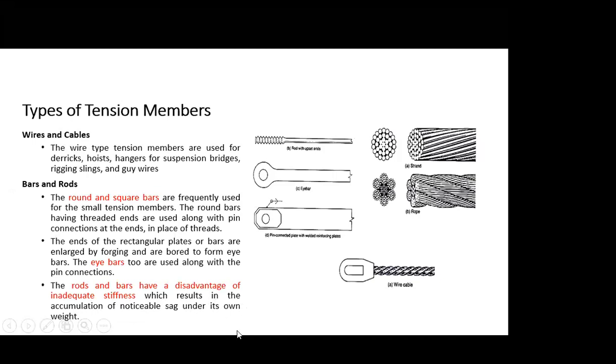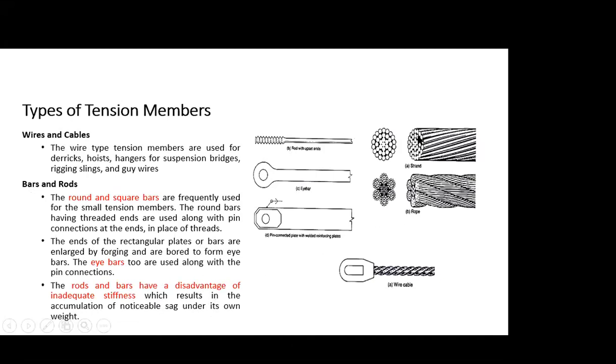That is the main disadvantage of bars and rods. The bars and rods are used for connecting bridges, cable stayed bridges, towers, and transmission lines. Over time it gets loosened, so it has inadequate stiffness.